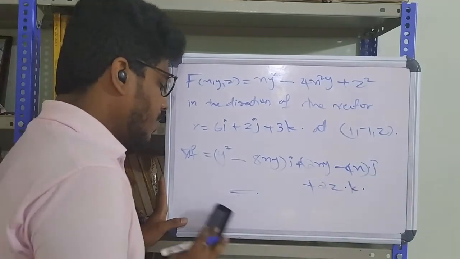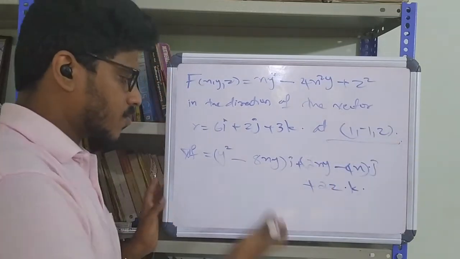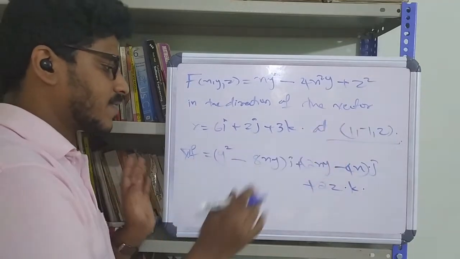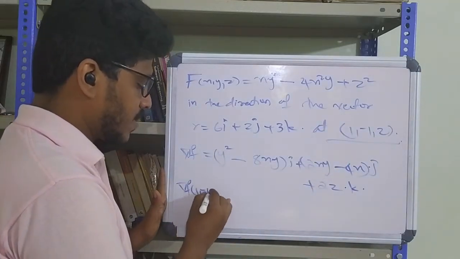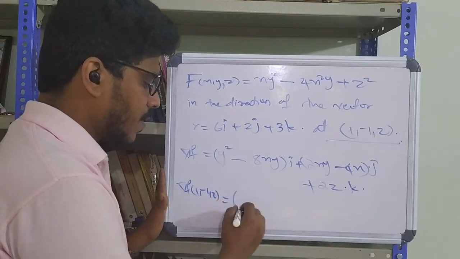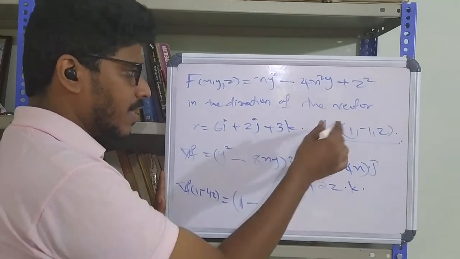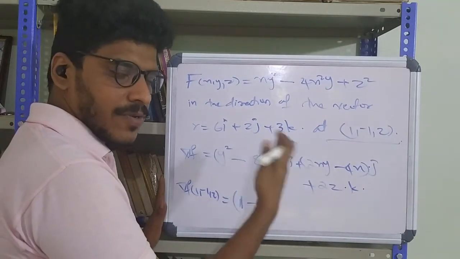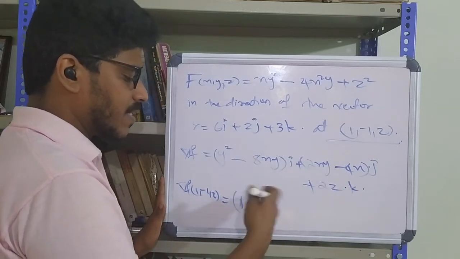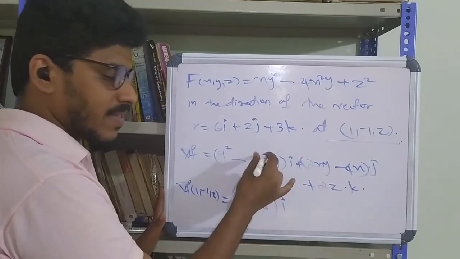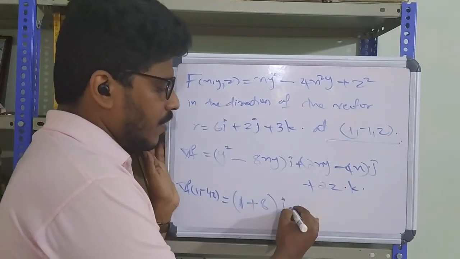Right. Now we are asked to find the directional derivative at 1, minus 1, 2. So simply plug in these values into this function. So the gradient of f at 1, minus 1, 2 is equal to minus 1 squared is 1, minus 8 into 1 into minus 1. This will be 8 into minus 1, minus 8, and this minus will be changed to plus with the minus from minus 1, right?